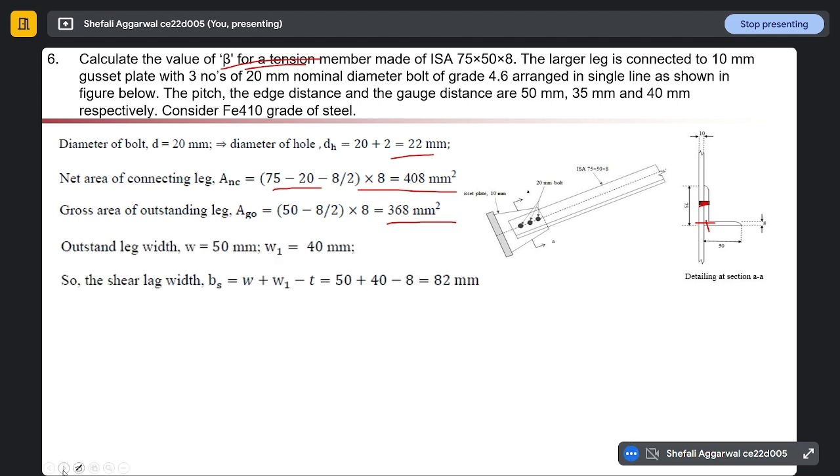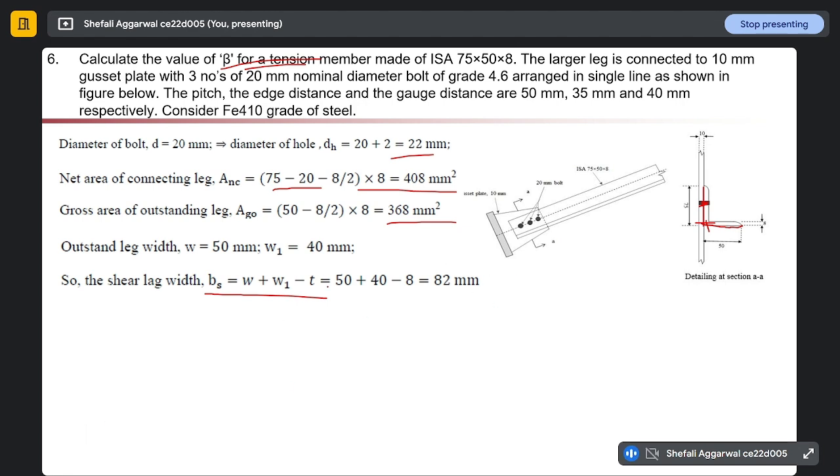Okay. Next thing is this outstanding leg width is 50 mm. W is equal to 50 mm. W1 is equal to 40 mm, 50 minus 10 of this thickness. And so the shear lag width BS will be W plus W1 minus T. You remember W plus W1 minus thickness.